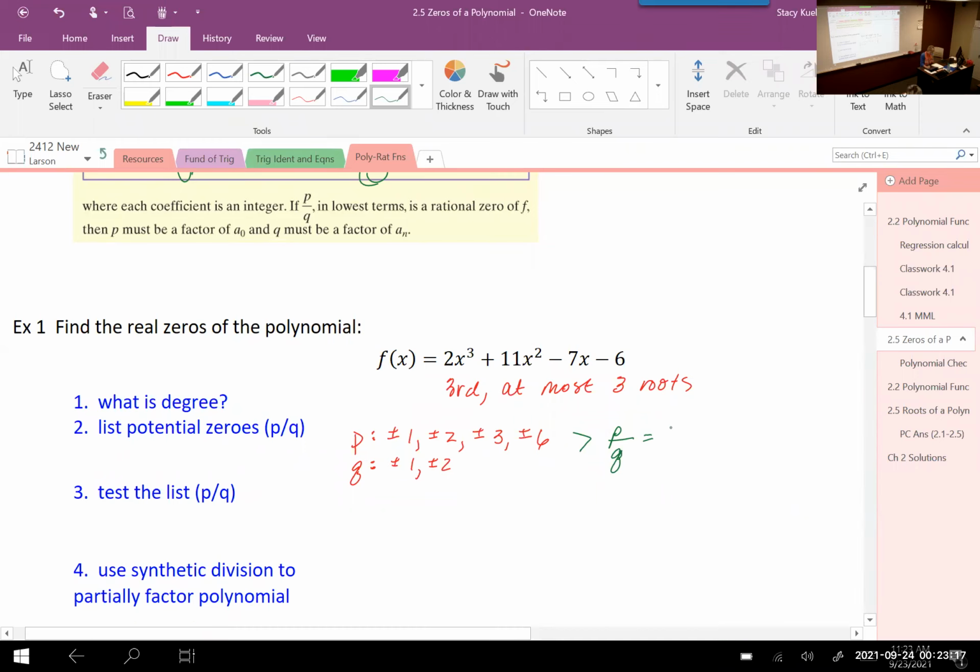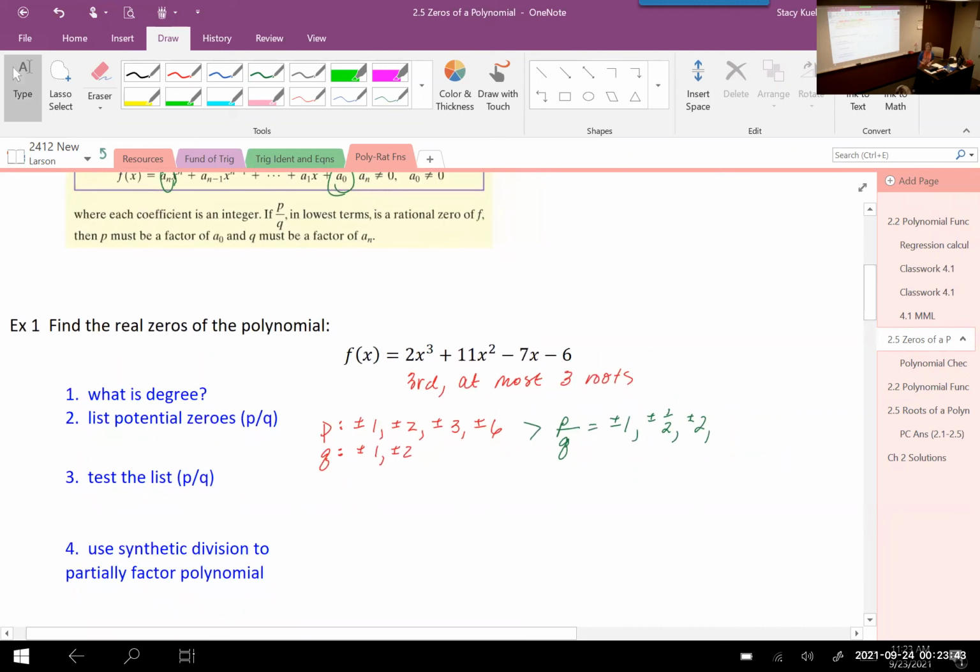So p is in the numerator, q is in the denominator. So I've got 1 over 1, which would just be plus or minus 1. I have 1 over 2, right? The 1 here over the 2 here, so that'd be plus or minus 1/2. Then I have 2 over 1, which is just 2. And I have 2 over 2, that's 1, correct? So I don't have to use that one.